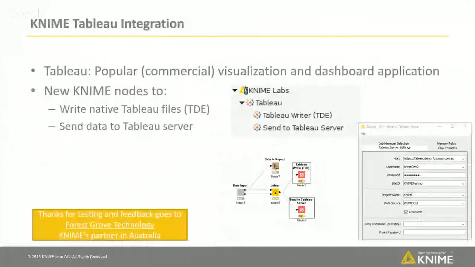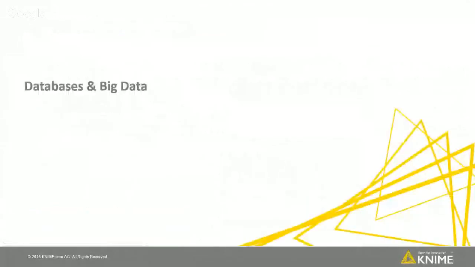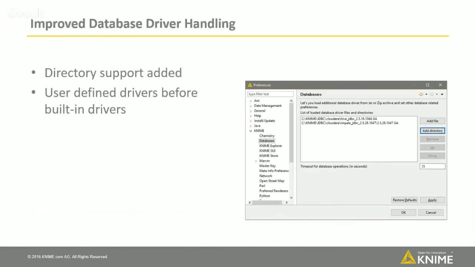With that, I'd like to move on to databases and also the KNIME big data extensions. Those are quite connected. If you are connecting to big data storages, then you often also need the KNIME database nodes.